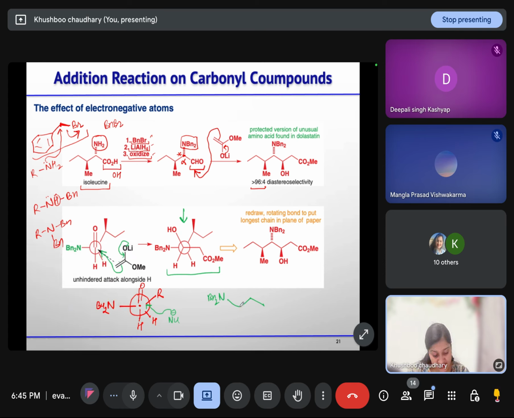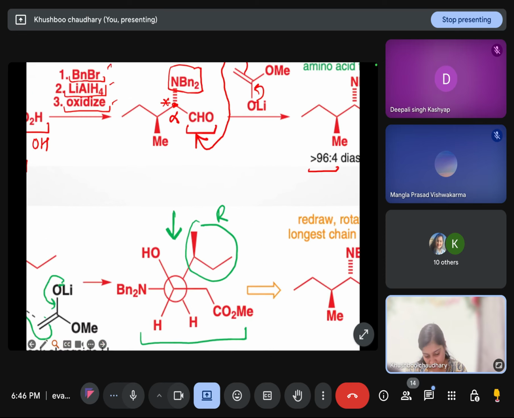So now this is the carbon having NBn2, and from upside we are seeing, so this is the group, I'm writing it as R, and below is your hydrogen. On the other carbon, the next carbon, you have CH2COMe. I drew it the wrong way.